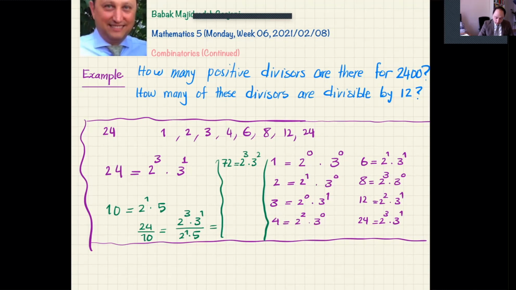So if I want to divide 24 by 72, then 24 is 2 to power 3 times 3 to power 1. But when I divide it by 72, which is 2 to power 3, 3 to power 2, I have enough powers of 2 to be canceled out. I have more powers of 3 in 72 than powers of 3 in 24. So this is another reason that 24 is not divisible by 72.